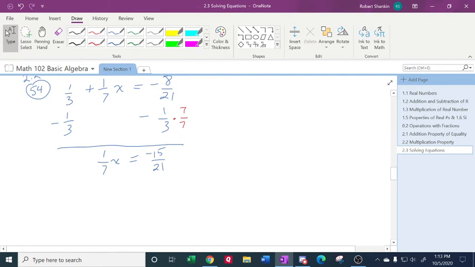Okay. And then I notice as soon as I have a fraction, I can reduce it. If I do this, divide by 3, divide by 3, I'm going to get negative 5/7. Okay.